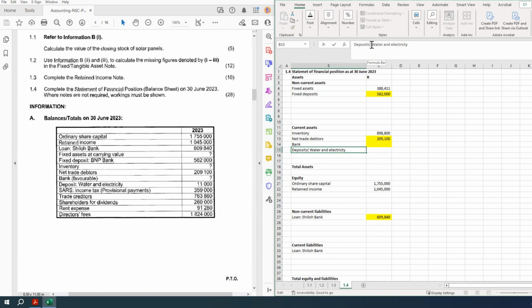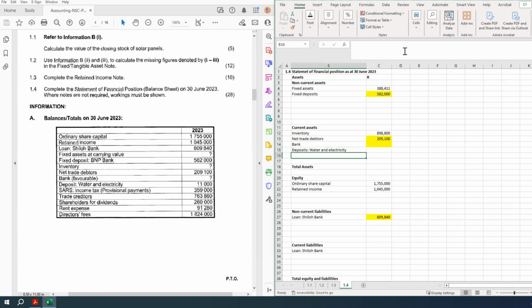Okay, so just update. Water and electricity. All right. Now, these balances, you could include everything in your trade debtors if you want, or you can show it separately. I think it's completely up to you.